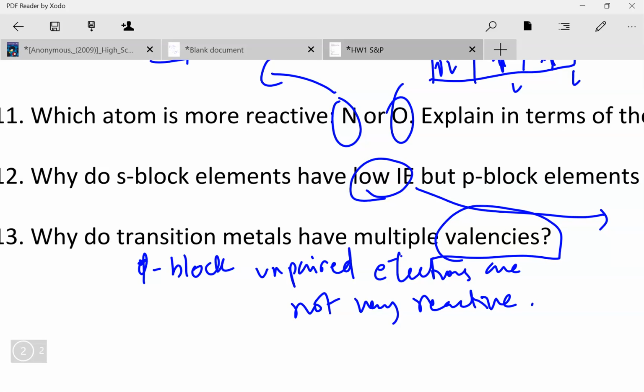They're not super easy to take out like the S-block electrons, like sodium, where that electron is ready to leave the atom and form sodium ion. However, D-block elements, the electrons do it sometimes, they don't do it other times, and therefore that leads you to multiple valencies or multiple oxidation states.